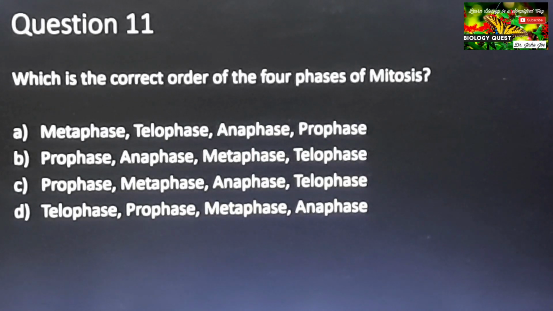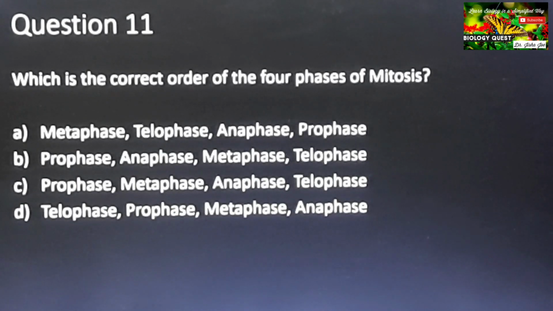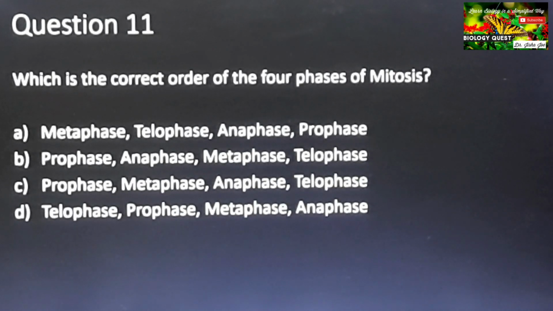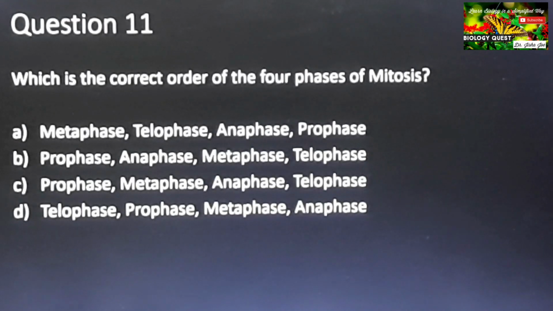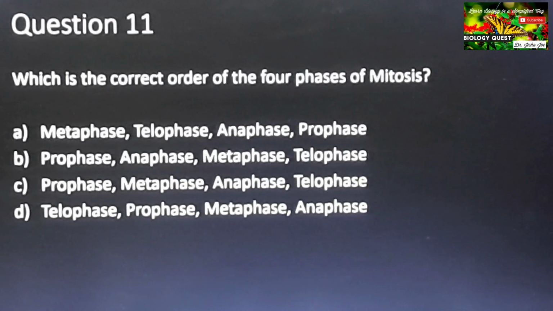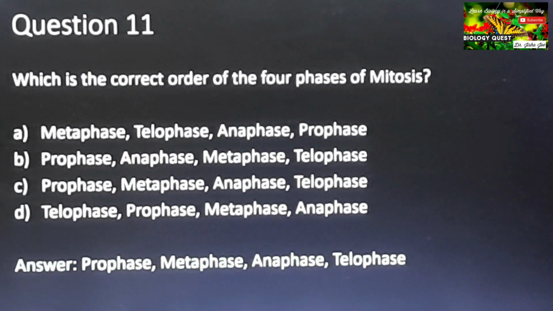The P of Peter stands for prophase, M of mango for metaphase, A of apple for anaphase, and the T of tomato for telophase. Prophase, metaphase, anaphase, and telophase, that is the correct order of the 4 phases of mitosis. So what is the correct answer? Option C, prophase, metaphase, anaphase, and telophase.